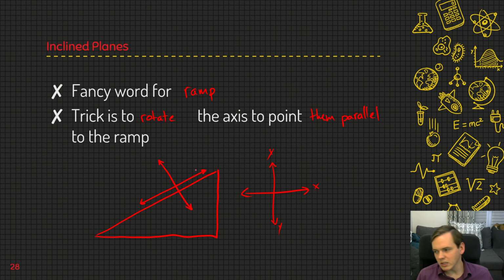So you can imagine flattening the ramp or tilting your head. So you've got your x along the ramp and y perpendicular, in and out of the ramp. The reason for this is it will let us have most of our forces point directly along the x-axis or directly along the y-axis. If we don't, as you'll see shortly, it gets a bit complicated.